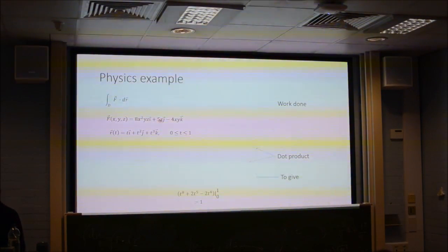Okay, so in this case, our force is equal to this. Is everyone familiar with this form? If I put an i, j, and k, we've probably done it in fields and waves. This is the component of force in the i direction, j direction, and k direction. So we're going to try and work out f.dr, where our r is that. To work this out, firstly we need to substitute our r into our force equation, because it's in the direction of r.